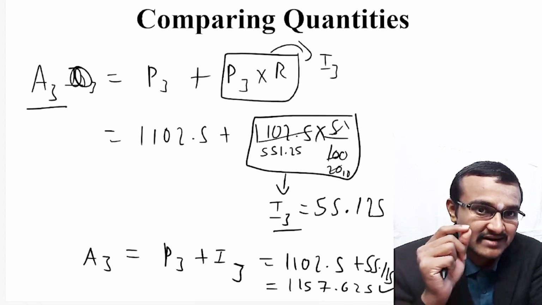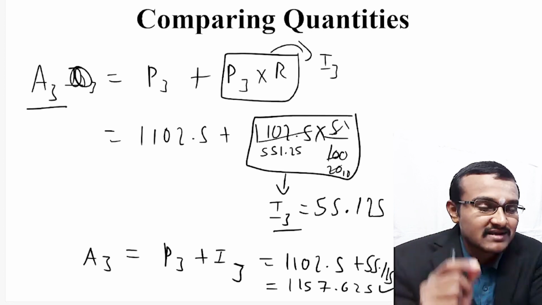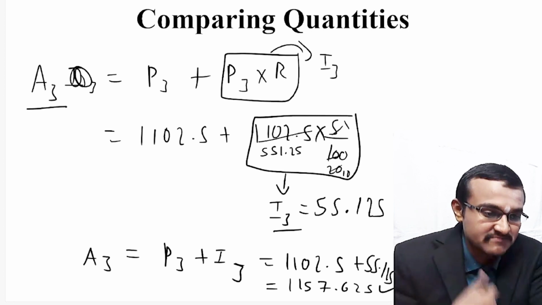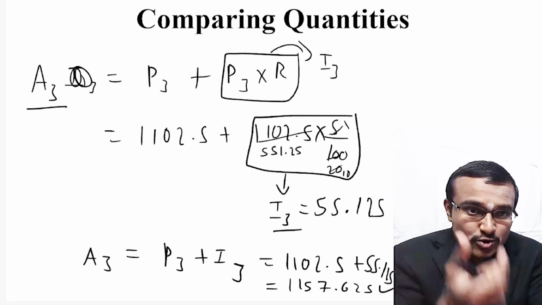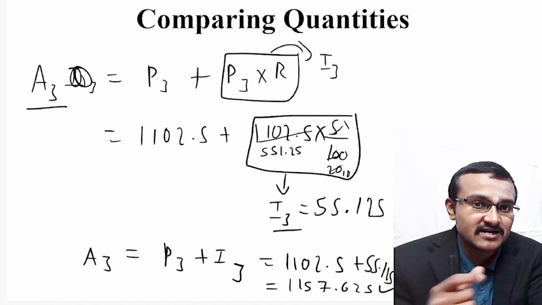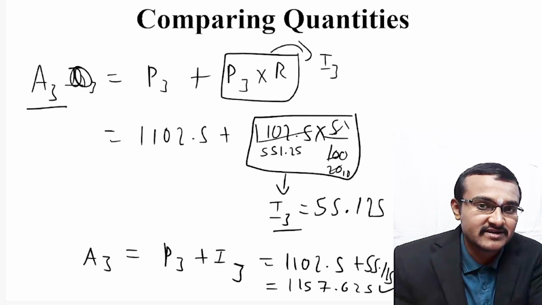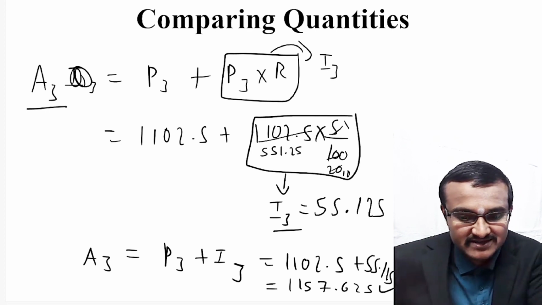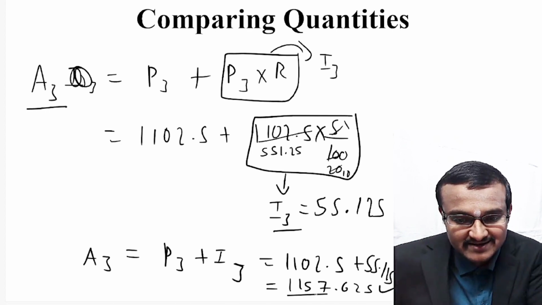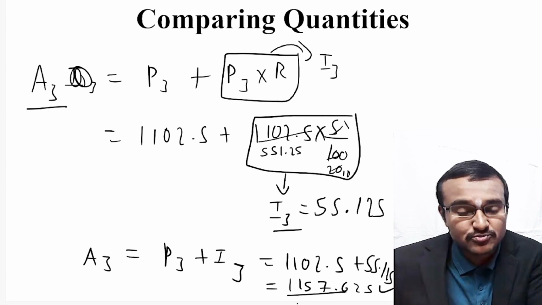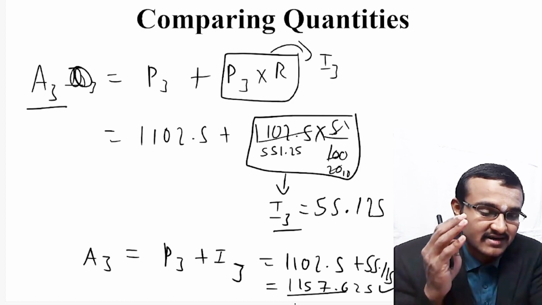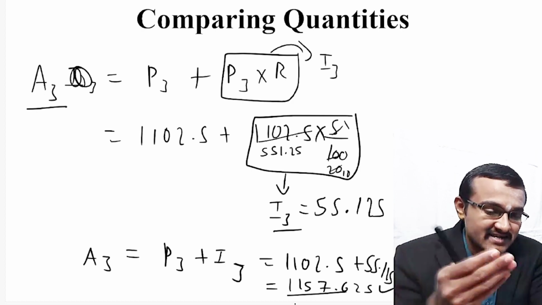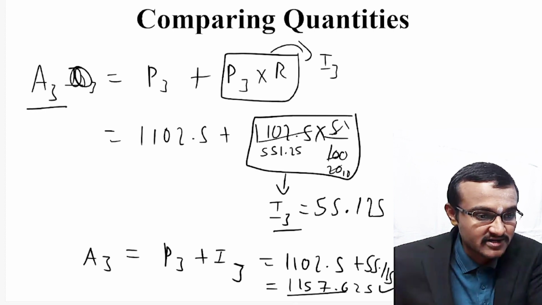So you should derive a general formula where, if you substitute values, you can get the total amount you will receive after 10 years or after 20 years. Here it was 3 years, so I calculated 3 times and got 1157.625 rupees, the amount we would get at the end of the third year.